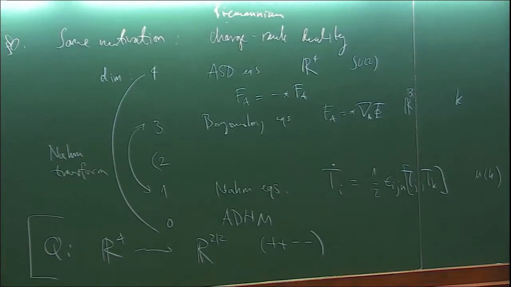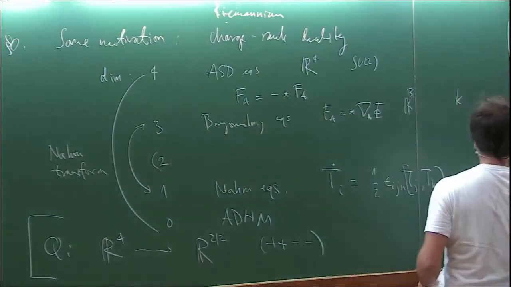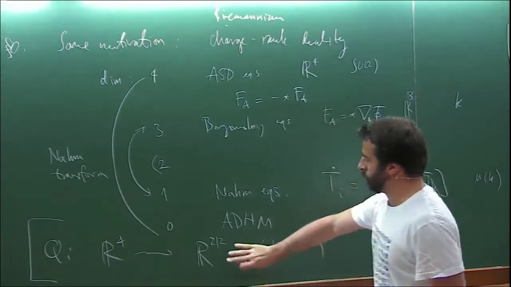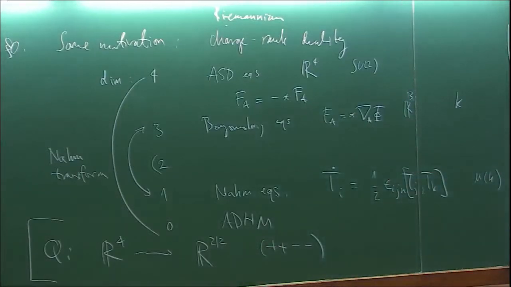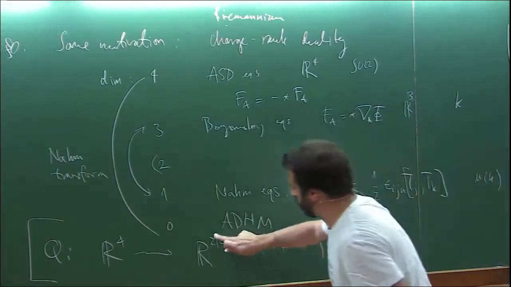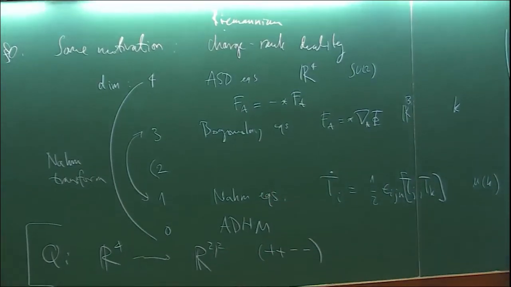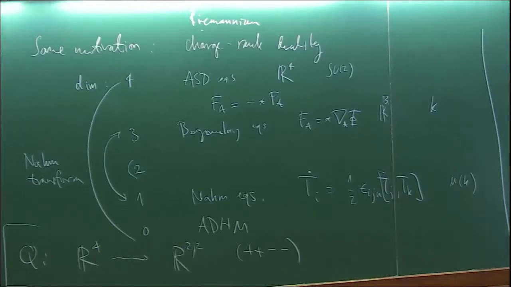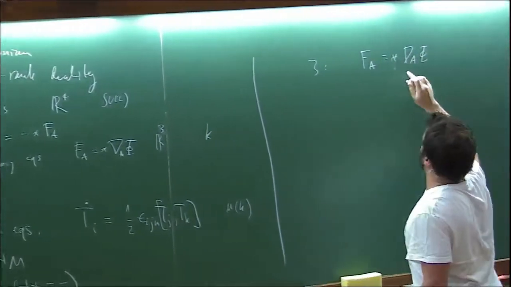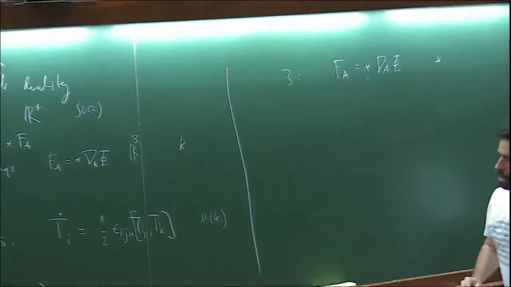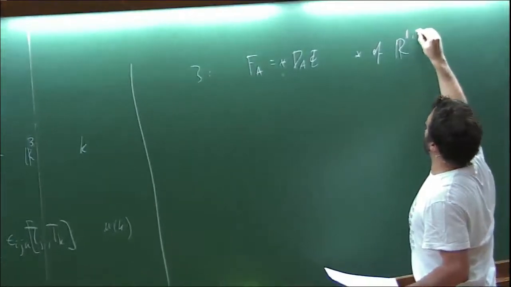What people know is that if you reduce the metric on R2,2 to 3 dimensions, you have an equation which is similar to the Bogomolny equation for monopoles, but for the metric of R1,2.